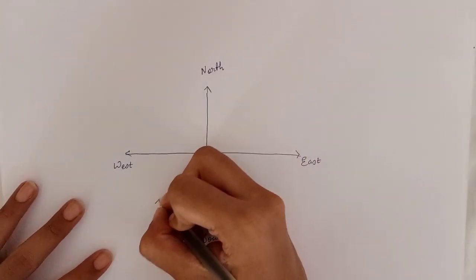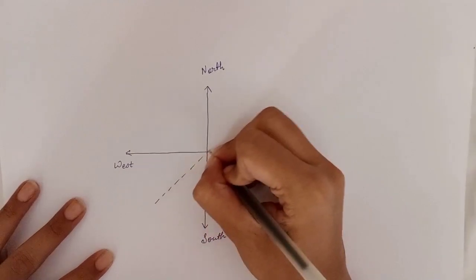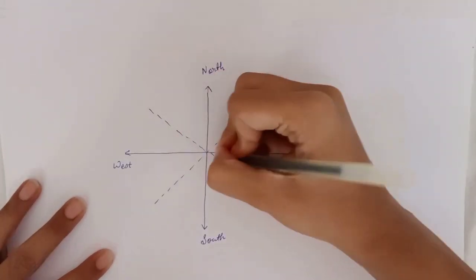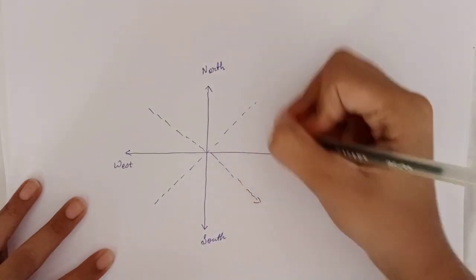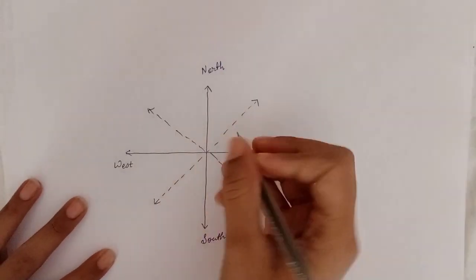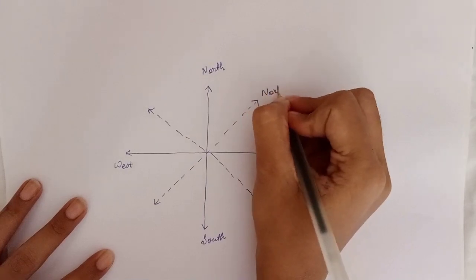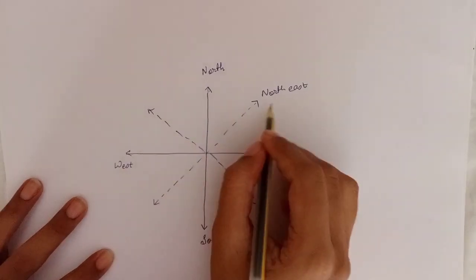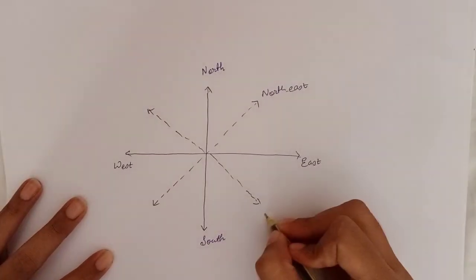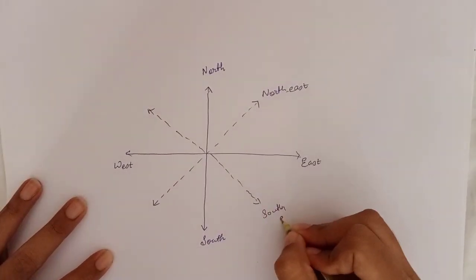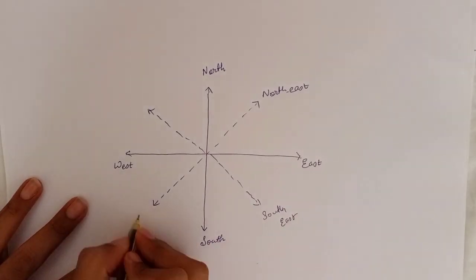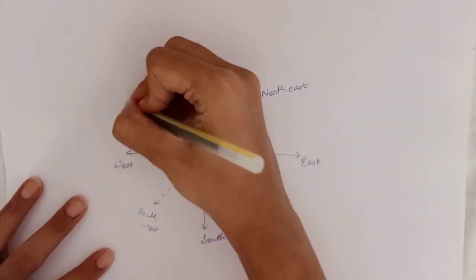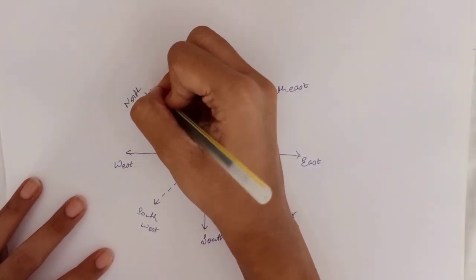If we draw two diagonal lines from between, we will get northeast, southeast, southwest and northwest.